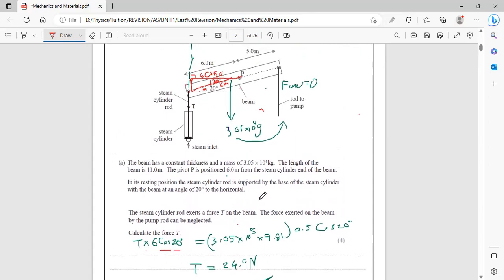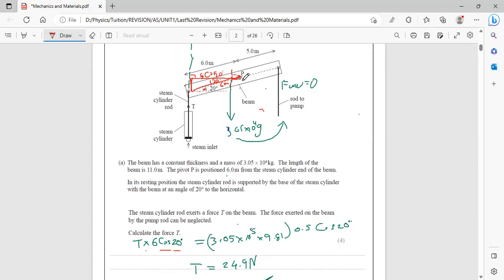And then we need to find the moment of the weight of the beam. Weight is 3.05 into 10 to the power 5 into 9.81. That's just mg. Then the perpendicular distance from P to line of action of weight needs to be found, right?